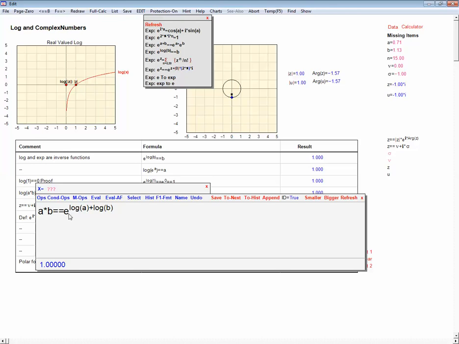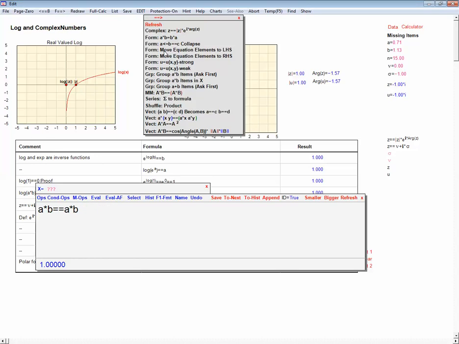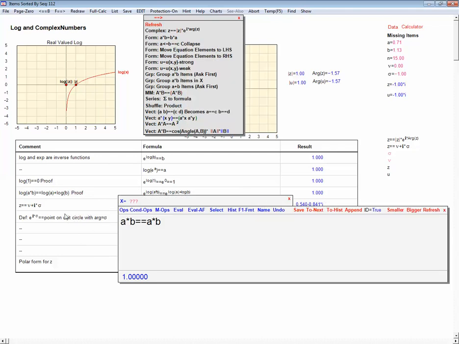Now on this side we use properties of exponents that we know. In other words, e of a sum is the product of the two items we're looking at. So that's going to give us this. And then we use the inverse relationship one more time, and so end up with an equality that we know is true. So that's the proof of this property of log.